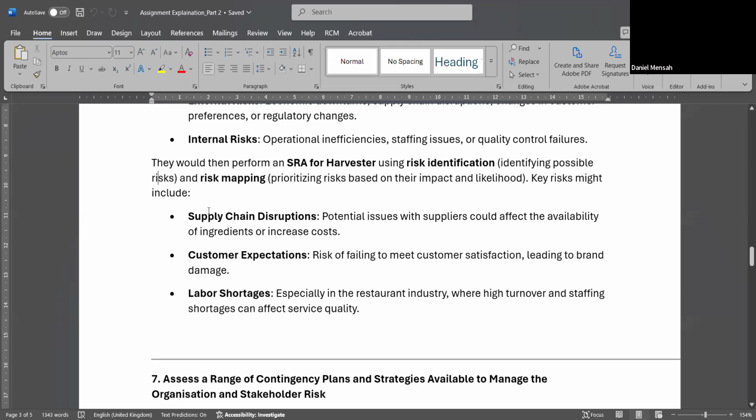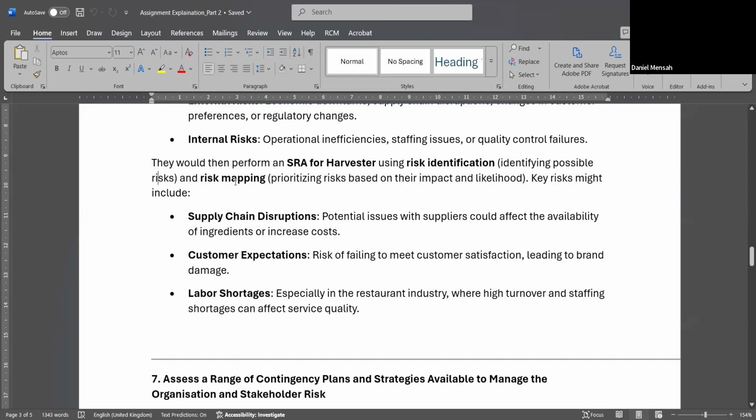Supply chain disruption, customer expectation, labor shortage, untrained staff. What else could be? Dissatisfaction. The organization, you identify those.